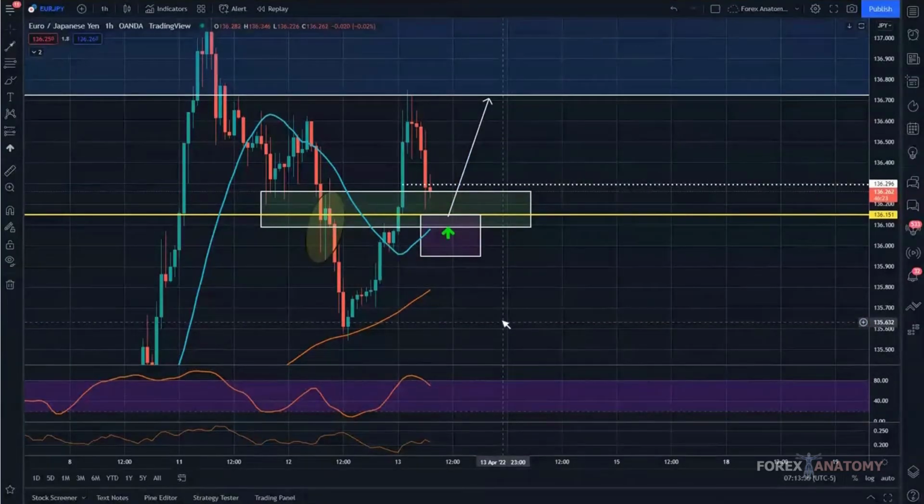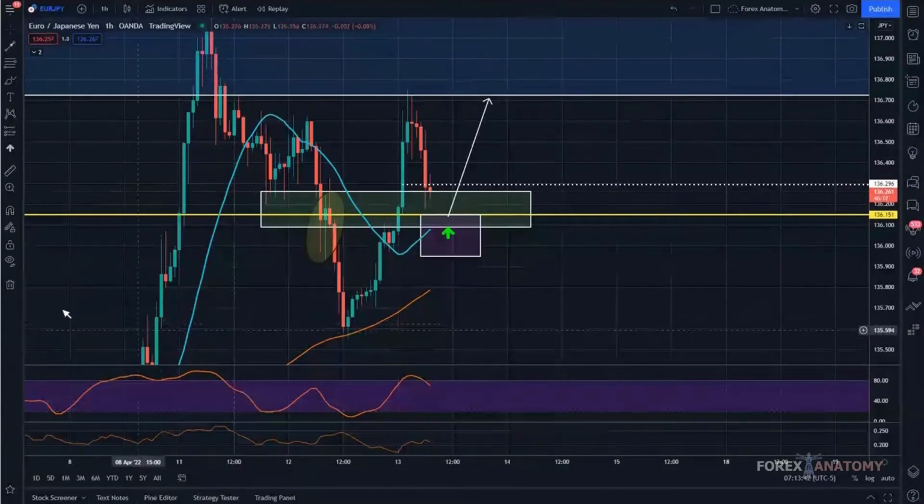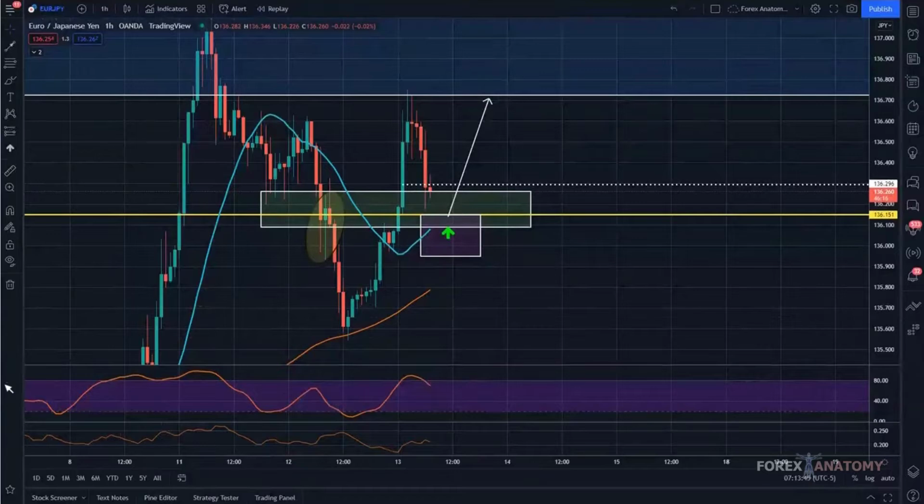All right. So yeah, if there aren't any questions, then we can definitely move on and talk about our next currency pair. But I'll give you guys a second just to maybe take a look at the zone and the area.